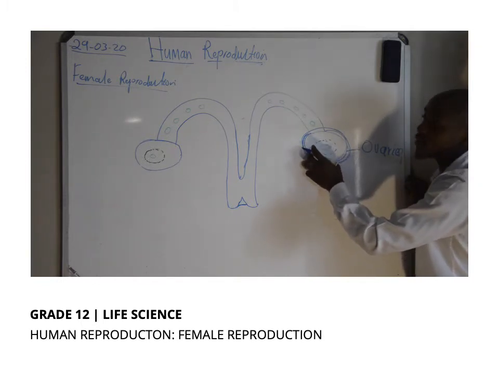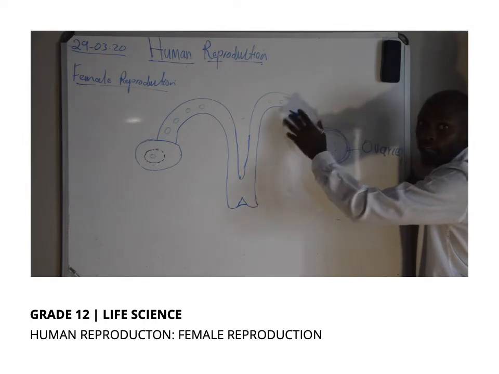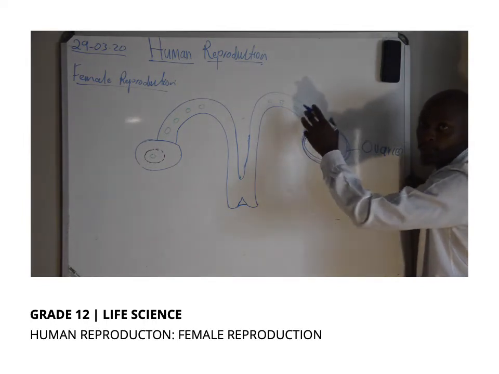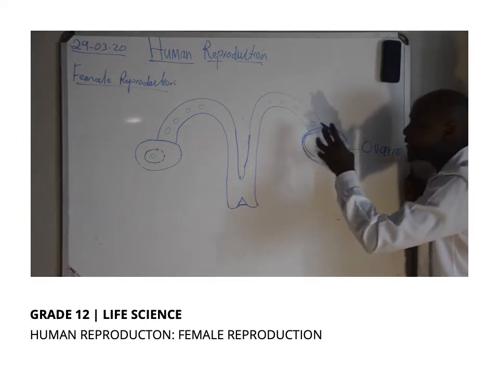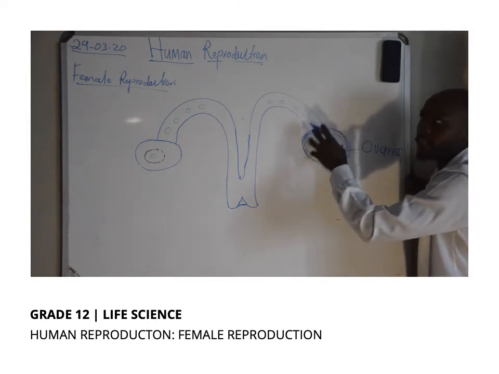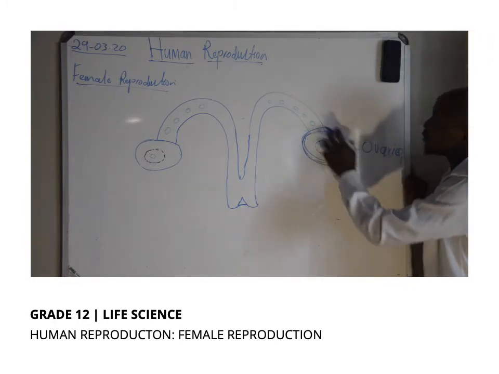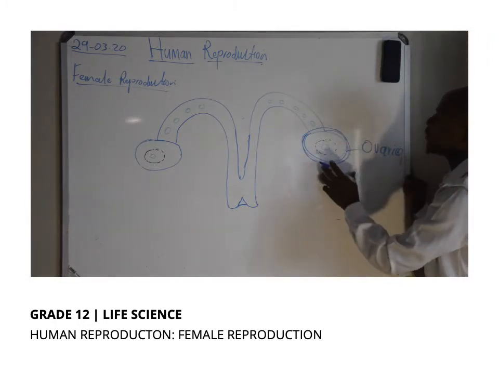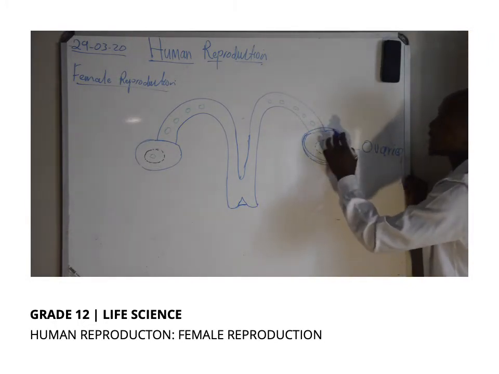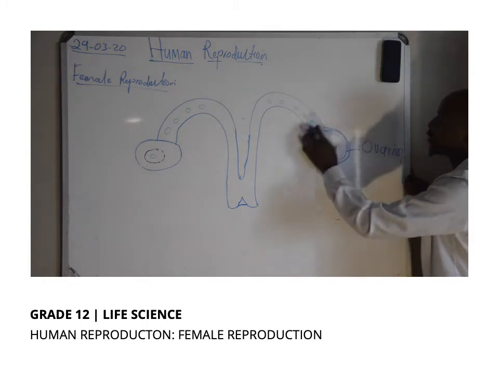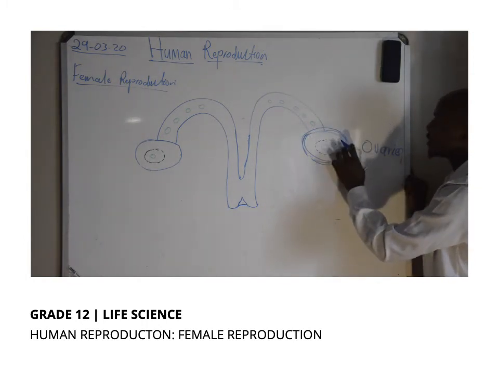In order for us to even talk about a child being born, a pregnancy taking place, everything begins here. The maintenance of that pregnancy, everything starts here. So I will talk to you about ovaries and what the functions of ovaries are. Basically, this is like a bag, a container. Inside the ovaries, we find what?